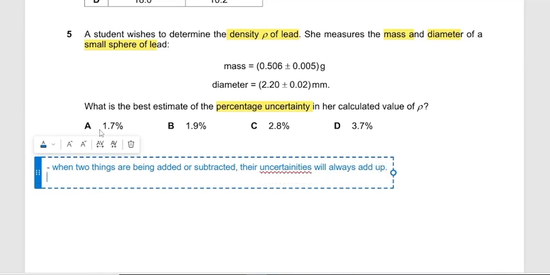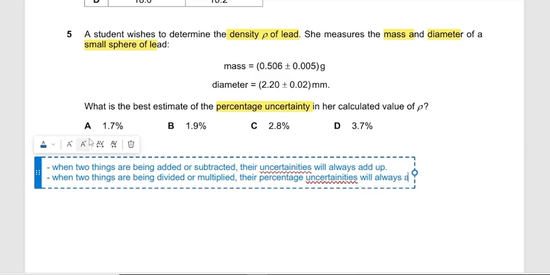Number 2 is when two things are being divided or multiplied, their percentage uncertainties will always add up.